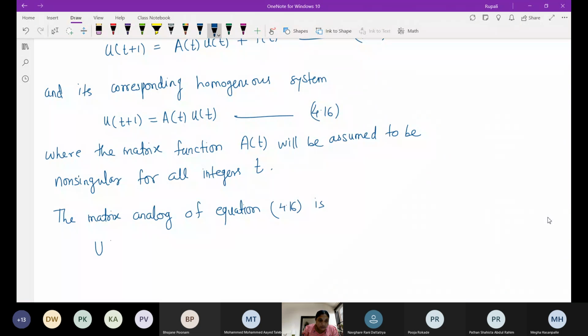Now I am writing its matrix analog, so I am using capital U here. U of t plus 1 is equal to A of t times capital U of t. We will denote this matrix analog by 4.17, where capital U of t is an n by n matrix function.